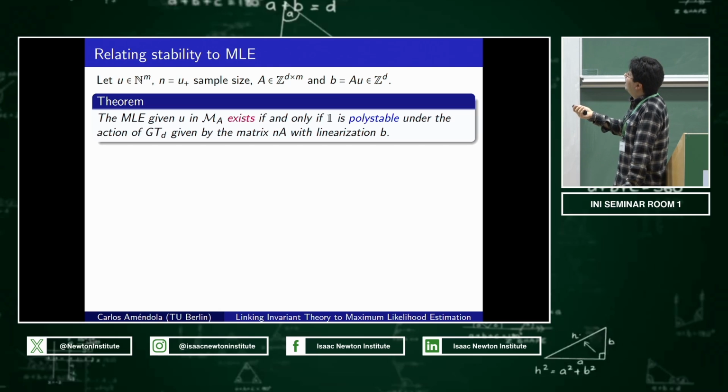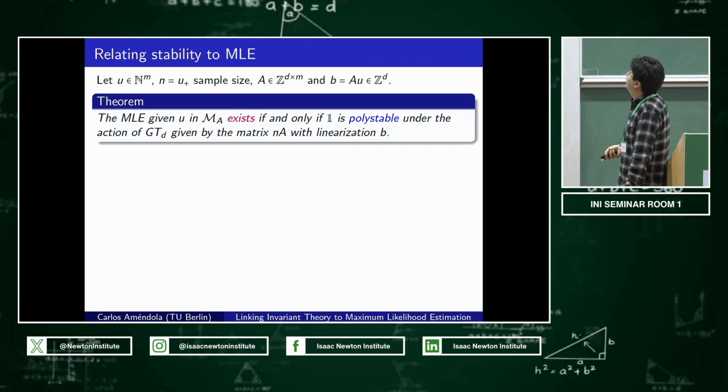Then the MLE exists if and only if the all ones vector is polystable under the action of this torus given by the matrix n times A with linearization B. So this B is coming into this linearization.